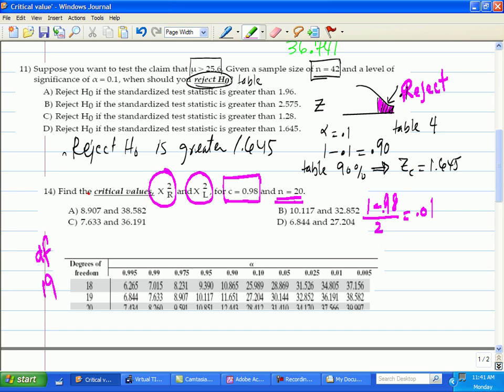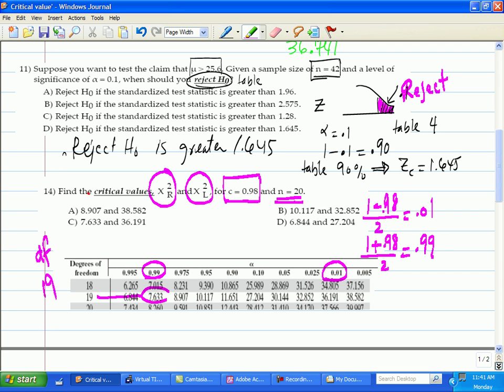So we'll mark 0.01, which is right here, and again 1 plus 0.98 divided by 2, that's 0.99, and we'll mark 0.99 right here. We go with the degree of freedom is 19.